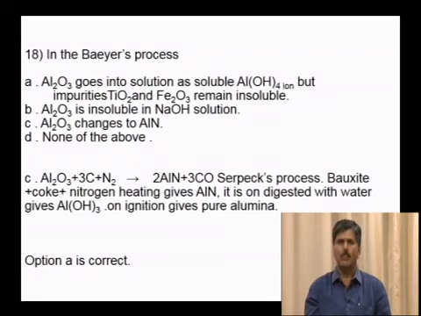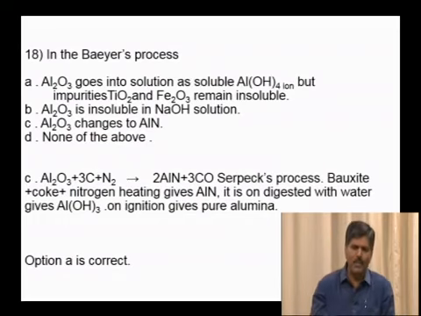On treating the bauxite ore with a strong solution of sodium hydroxide, alumina, that is Al2O3, dissolves, giving sodium meta-aluminate, Na[Al(OH)4]. From this, pure alumina is obtained. Therefore, option A is correct: Al2O3 goes into solution as soluble aluminum hydroxide ion, but impurities TiO2 and Fe2O3 remain insoluble.